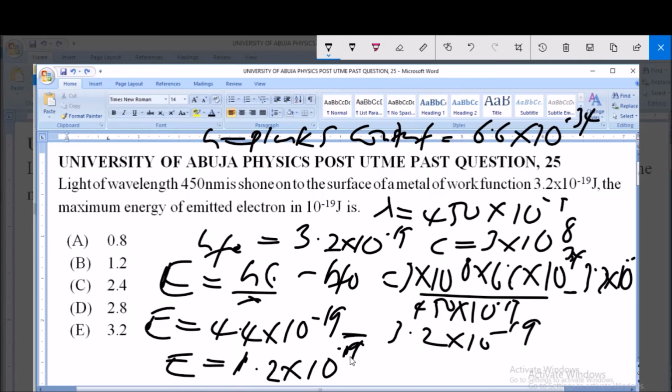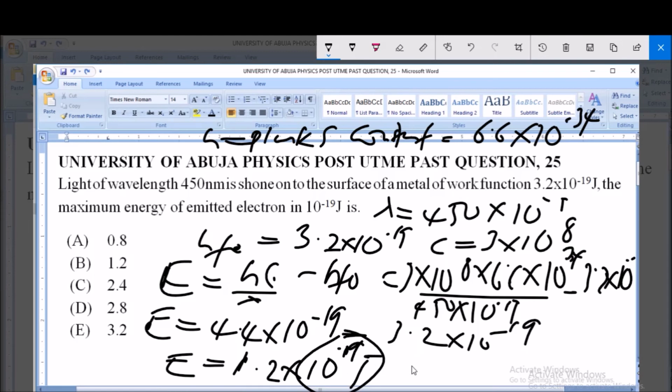Now we need to be very careful when we are reading our questions. In this particular question, it said we should calculate the maximum energy of emitted electron in 10 raised to the power of minus 19 joule. So we are calculating it in 10 raised to the power of minus 19 joule, meaning that when you get your answer, you write it aside, this 10 raised to the power of minus 19 is like the unit now, joule.